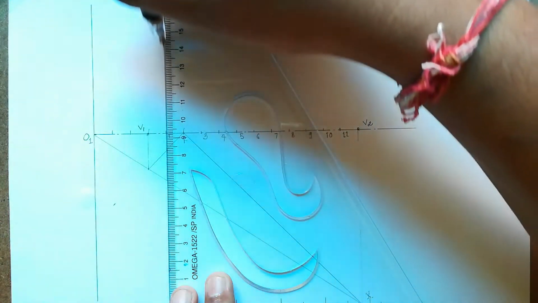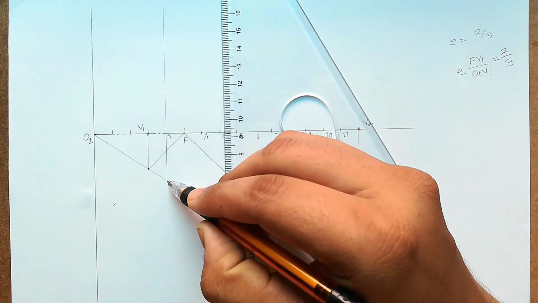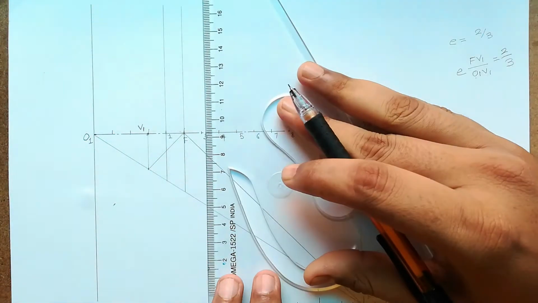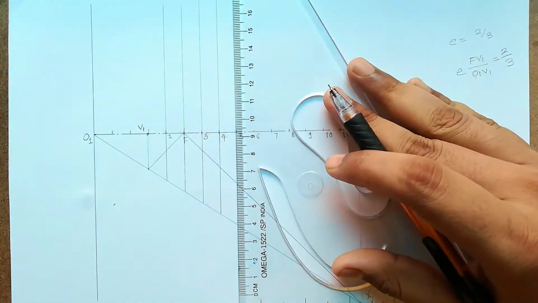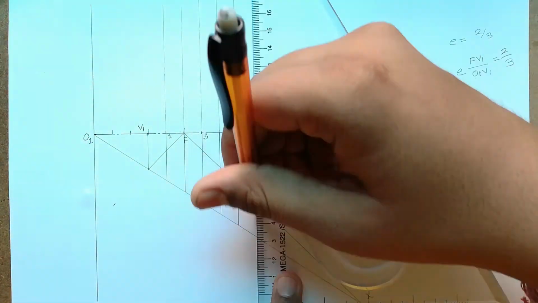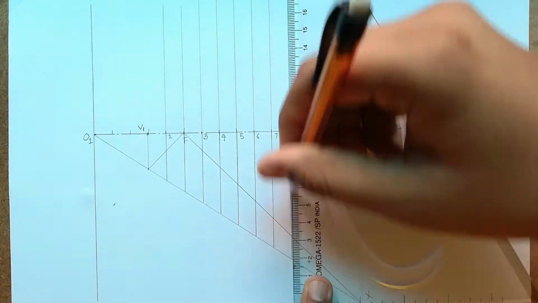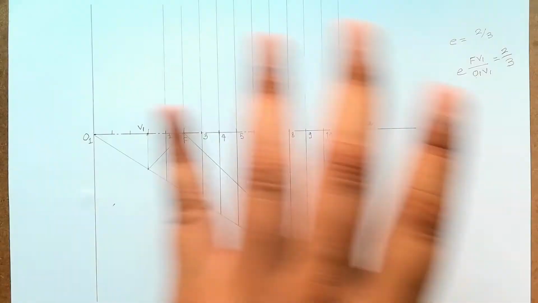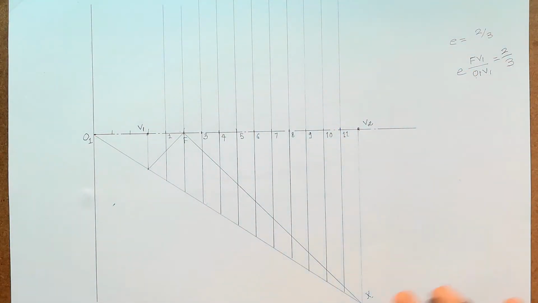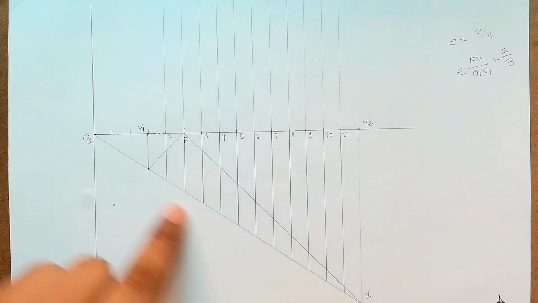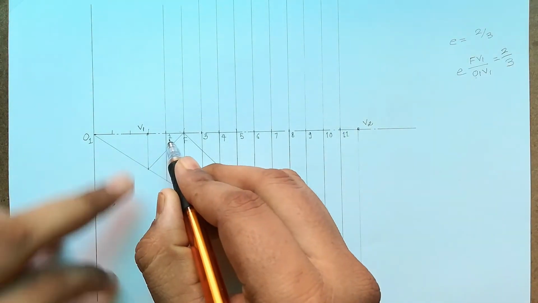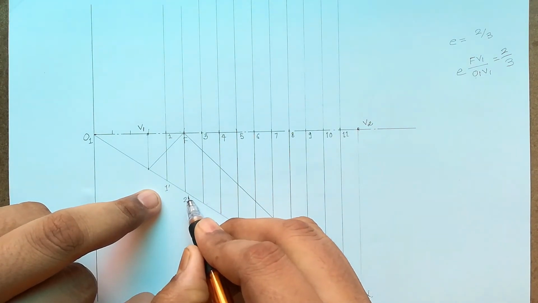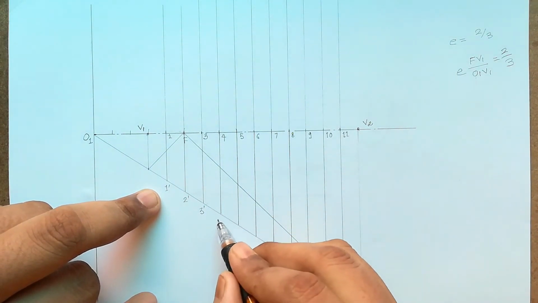The line should intersect this eccentricity line, once again from focus 1. Now all the vertical lines are drawn. So let us give the numbering to all the intersection points on the eccentricity line. This is the first line, so I will give it 1 dash. This will be my 2 dash, and I will continue the sequence.